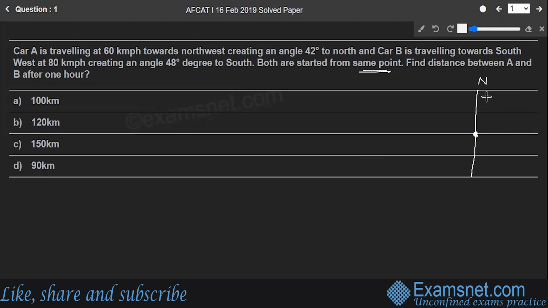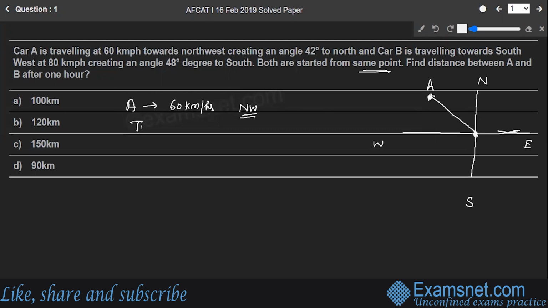This is north, this is south, and you have east and west over here. So this is the starting position of both the cars. Car A has a speed of 60 kilometers per hour in the northwest direction. So it is moving like this. This is the direction of movement of A, and let this be the position of A after 1 hour.